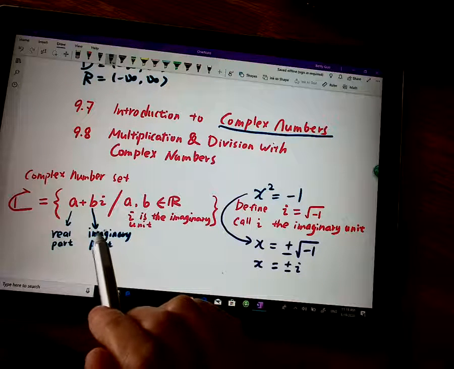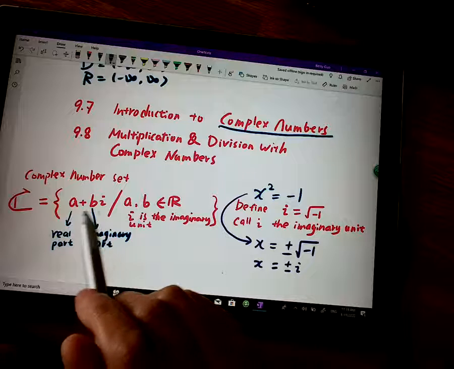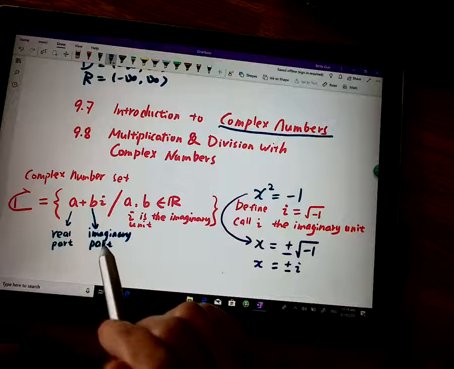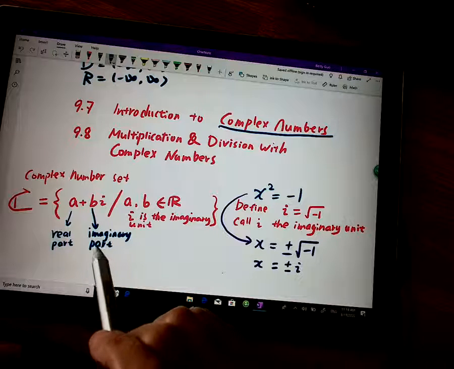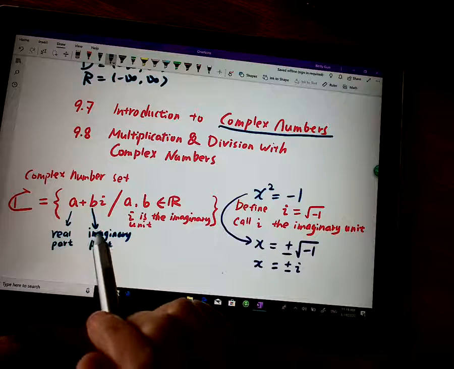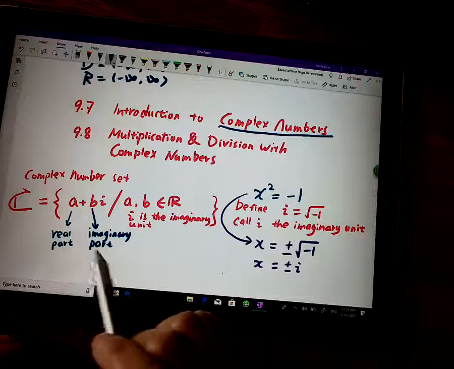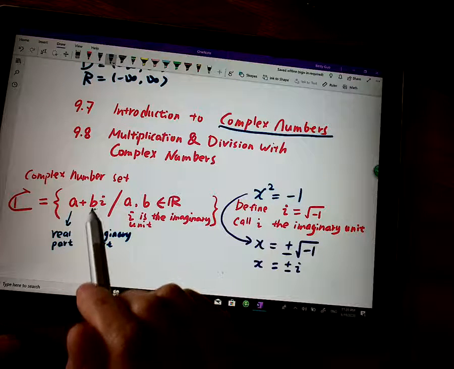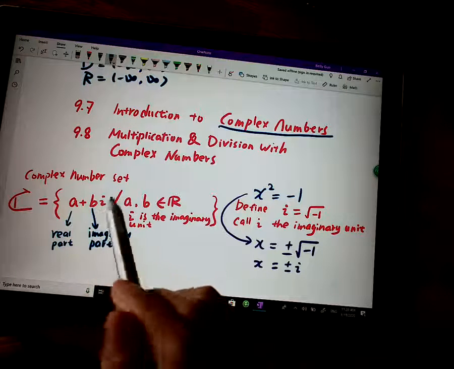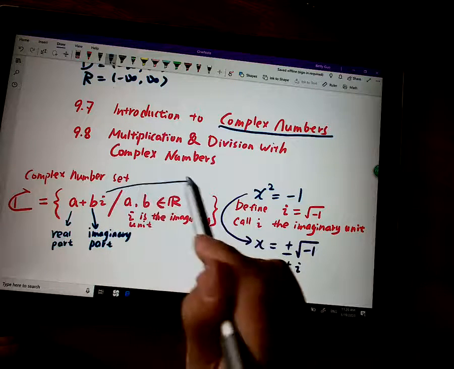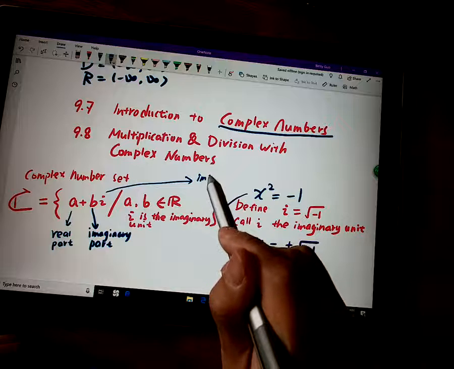It is a misunderstanding that b is not a real number just because its name is the imaginary part, but b is a real number. Both a and b are real numbers. Why do we call b the imaginary part? Because b is associated with i, the imaginary unit.